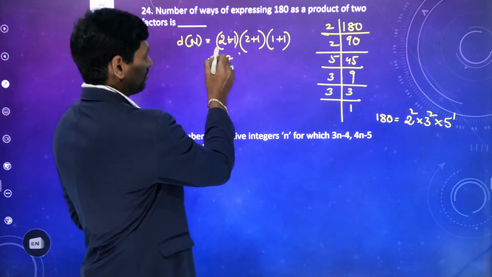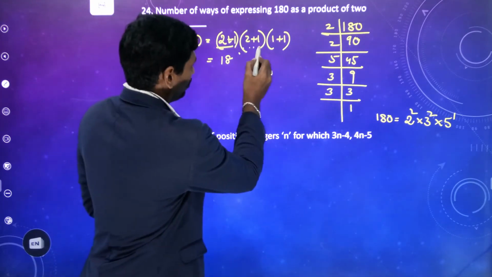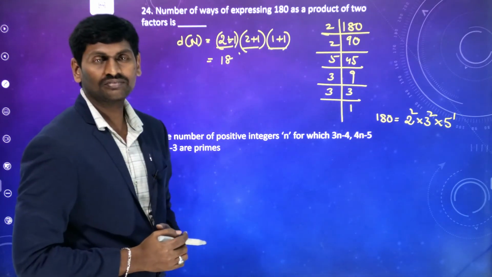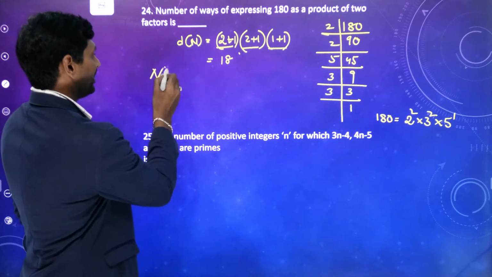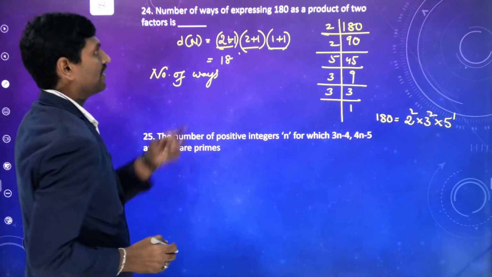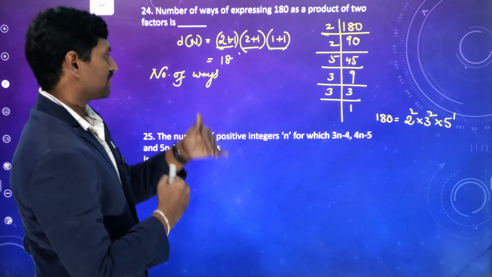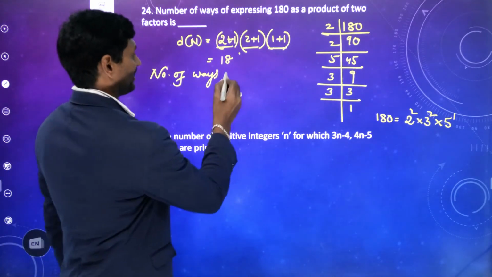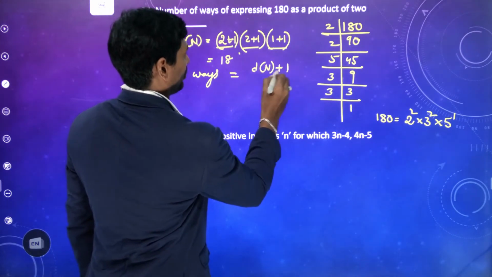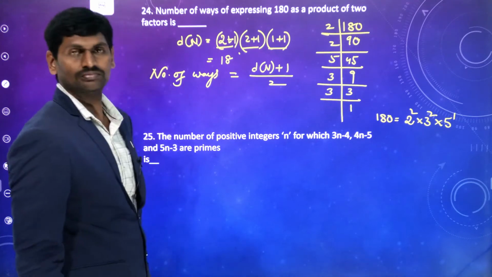Am I right? This one 3, 2 plus 1, 3, 2 plus 1, 3; 3 into 3 is 9, 9 2s are 18. Now the number of ways of expressing this 180 as a product of two factors is (number of factors plus 1) by 2. Okay?